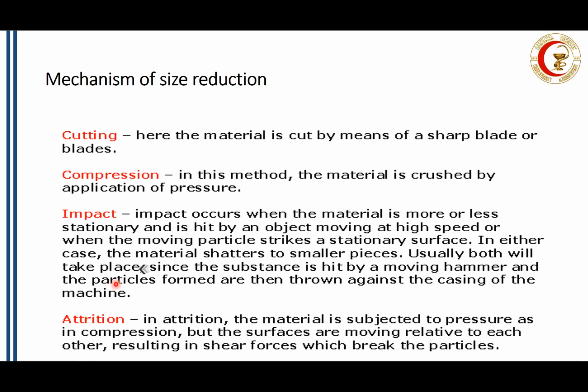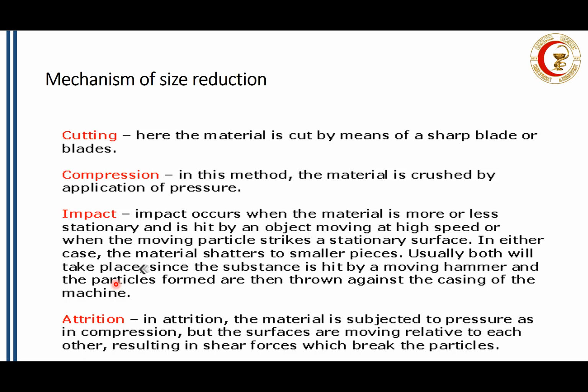When the hammer hits the particles and is then removed, it will also cause the material to move around in the milling chamber, so it will also be thrown against the steel wall of the milling machine.